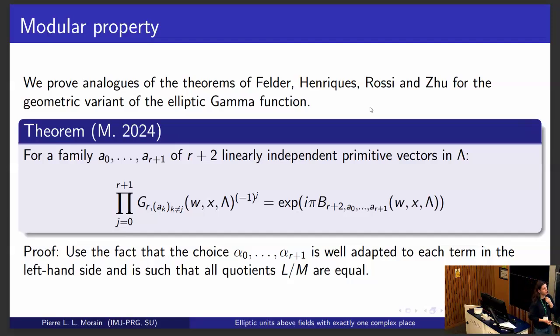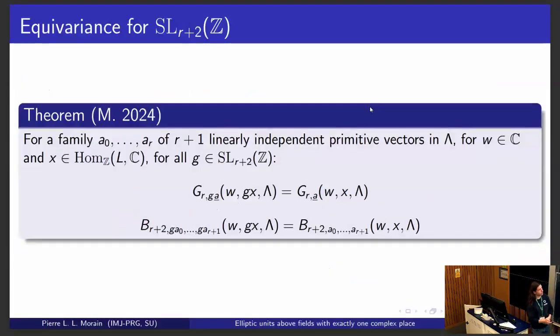Okay. So now for the equivariance, it's just playing around with the definition that is made to be equivariant, and you just show this kind of property, which resembles the properties that Luis mentioned yesterday. I'm not doing the semidirect product with Z^{r+2}, but you could if you want, and you would have a similar statement.